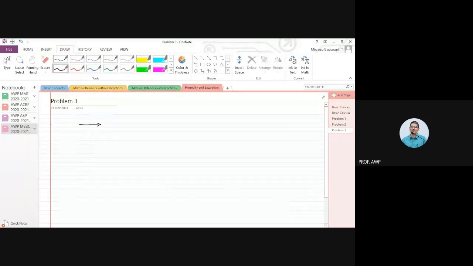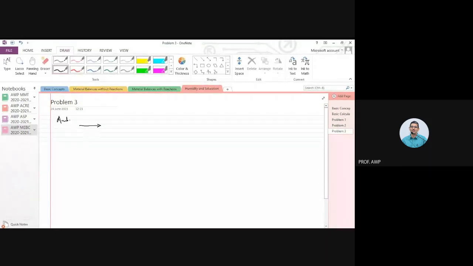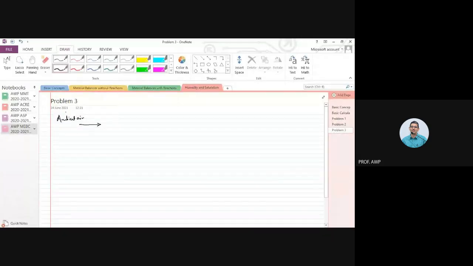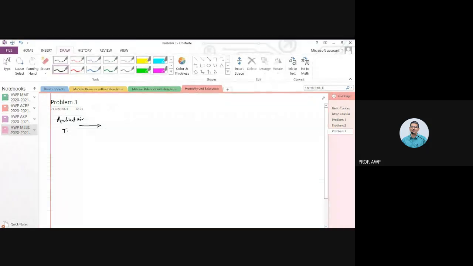Let's say we have ambient air. And let's say it is raining very heavily outside. So let's say temperature is 35 degrees centigrade, raining heavily.